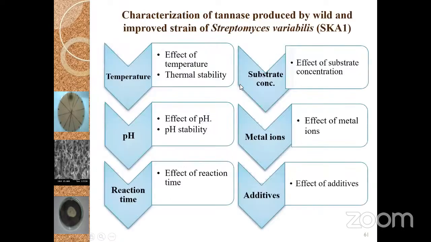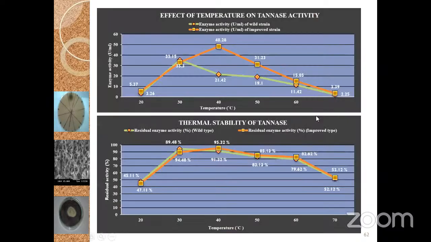After this study, we moved toward different parameter studies, like the effect of temperature, pH, reaction time, substrate concentration, and different metal ions, as well as additives. With the wild strain and the mutant strains, we carried out the experiment showing the effect of temperature on enzyme activity.